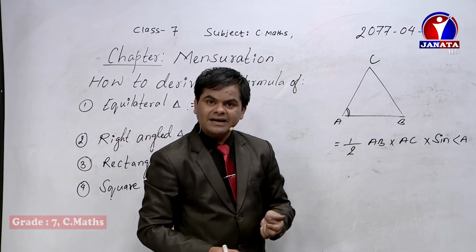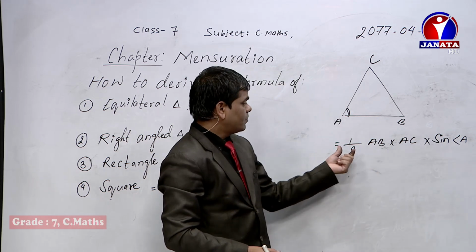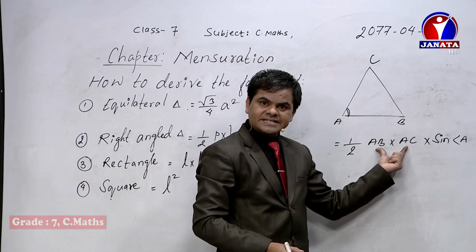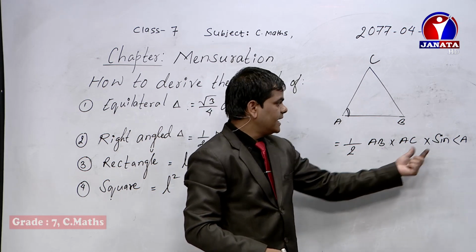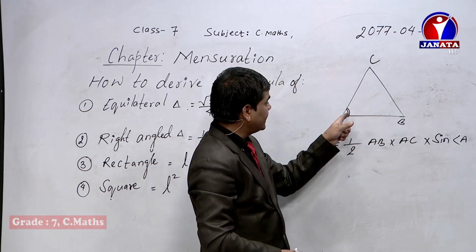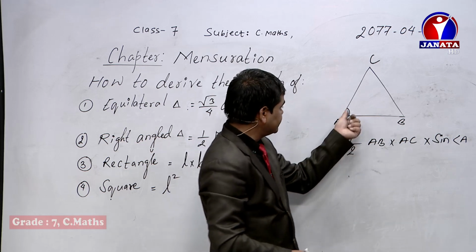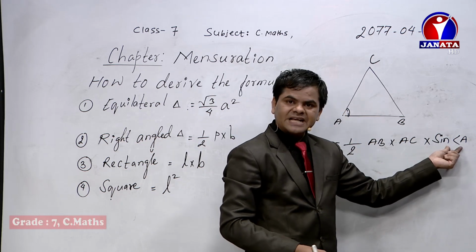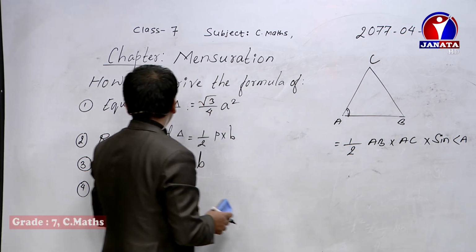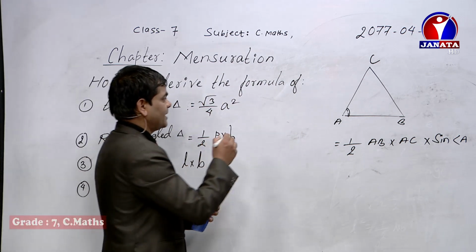If one angle is given and two adjacent sides are given, then 1 by 2, the product of the adjacent sides, the multiplication of the adjacent sides, and the angle contained by those two adjacent sides, that means this one angle in terms of sine. So we use this concept, and then we found the area of the equilateral triangle as root 3 by 4 a square.